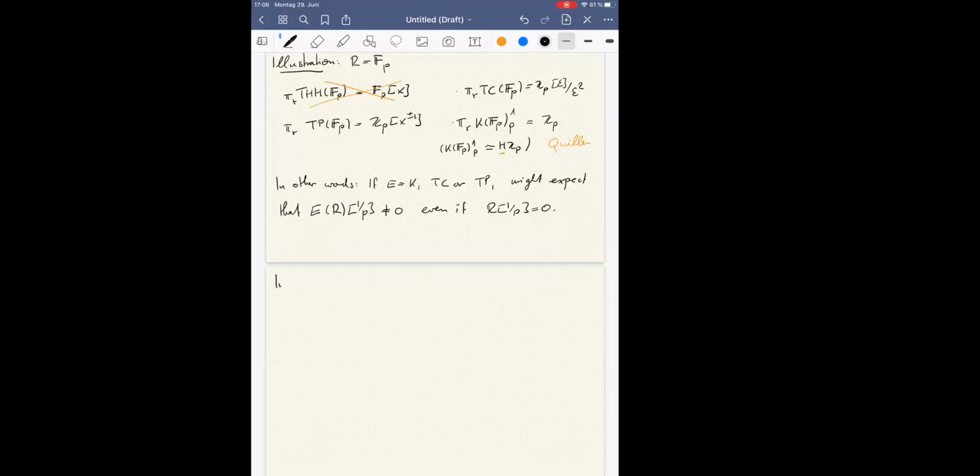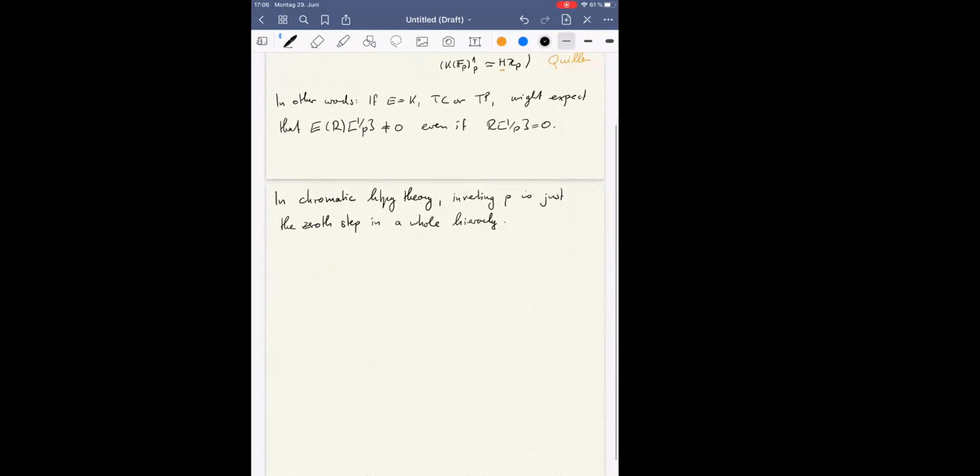So in chromatic homotopy theory, inverting P is just the 0th step in a whole hierarchy. Okay, so let me explain what I mean.